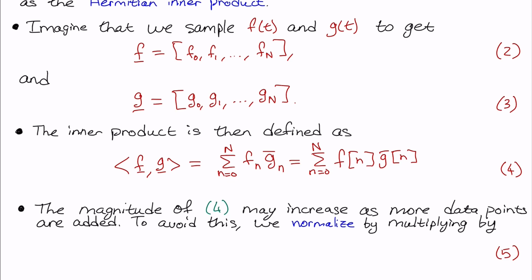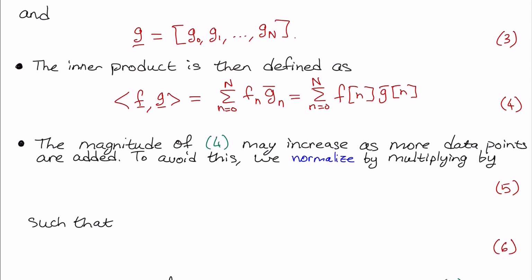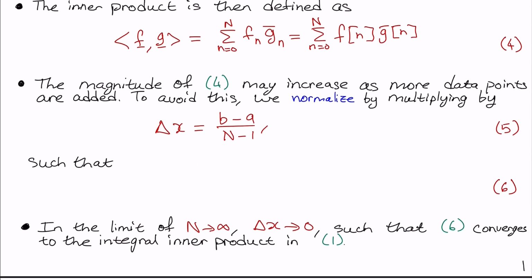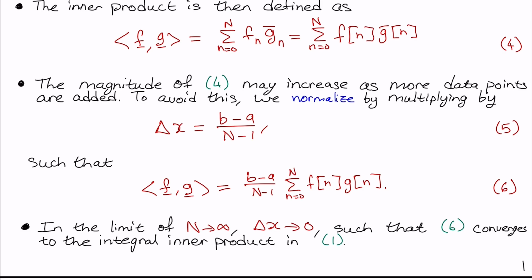To avoid this, we're going to normalize by multiplying by, let's say, delta x, which is equal to b minus a divided by big N minus 1, such that our inner product between f and g is equal to the quantity b minus a divided by N minus 1 times that summation from n equals 0 to big N of f of n g overbar of n.